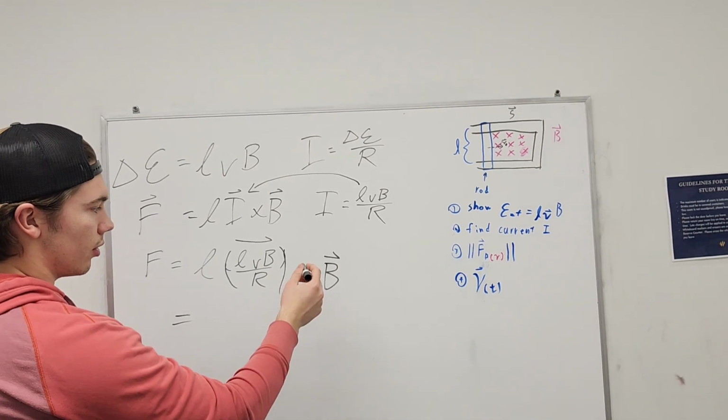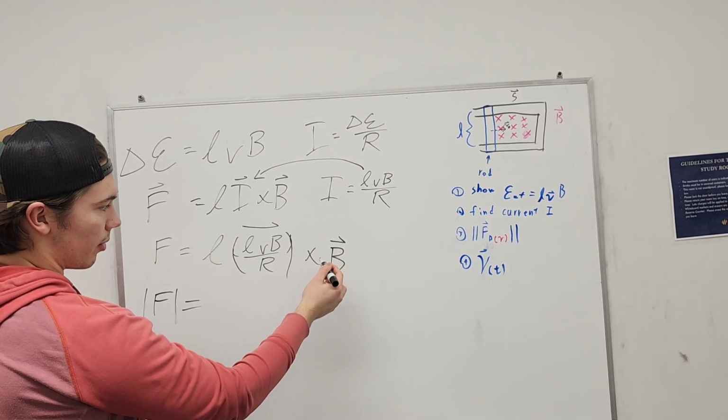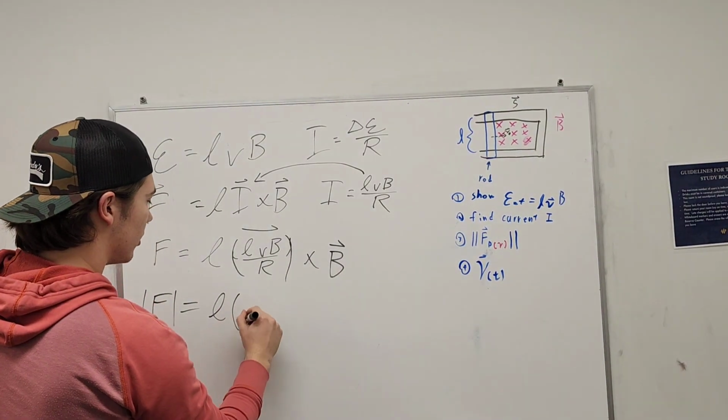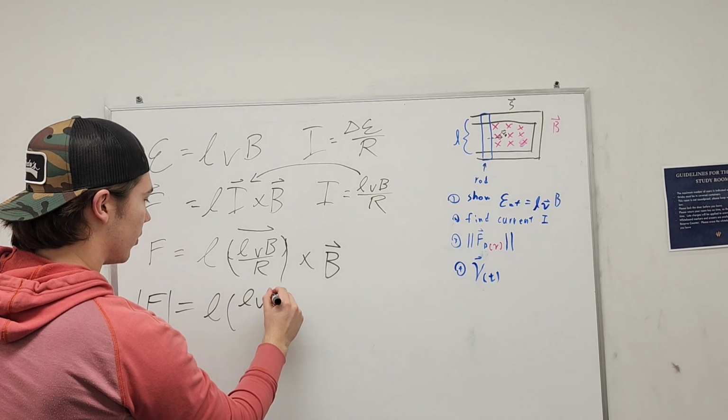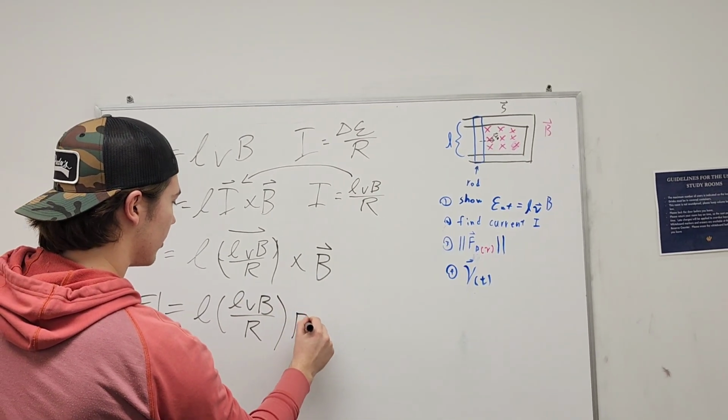We are only concerned with the magnitude of the force. So from there, we can drop the cross product because we know that they're perpendicular to each other. So we end up with L, length, velocity, magnetic field over the resistance, times B.